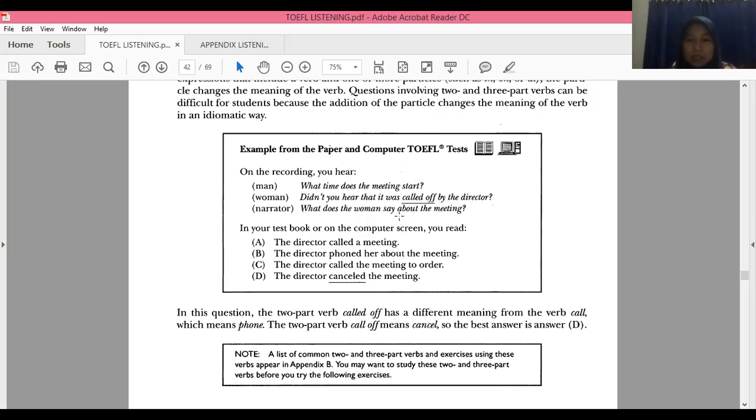But ini bukan dipanggil tapi dibatalkan. The director canceled the meeting. The meeting was cancelled by the director. In this question, the two-part verb called off has a different meaning from the verb call, which means phone, and the two-part verb called off means cancel. So the answer is D.